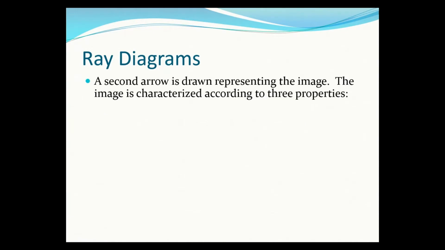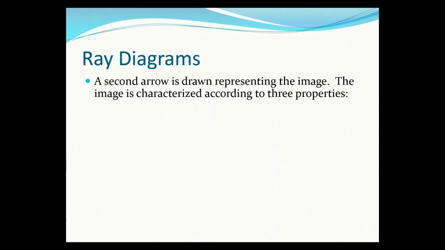Okay, so what ray diagrams allow us to see are the characteristics of the image. When you have an object in a curved mirror, it changes what the image looks like. It's kind of like a funhouse mirror effect where you can be shorter, taller, skinnier.